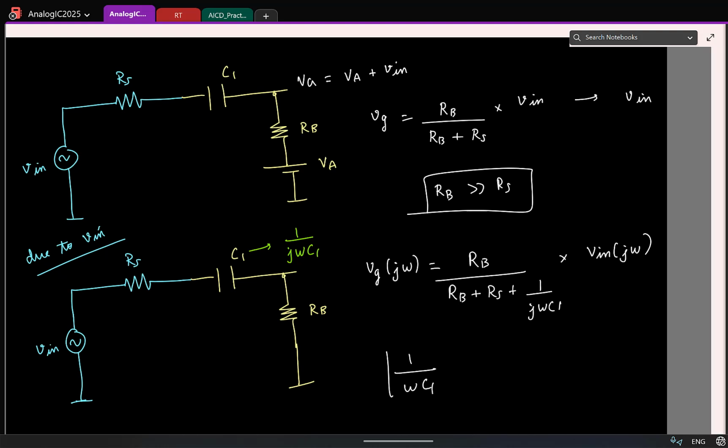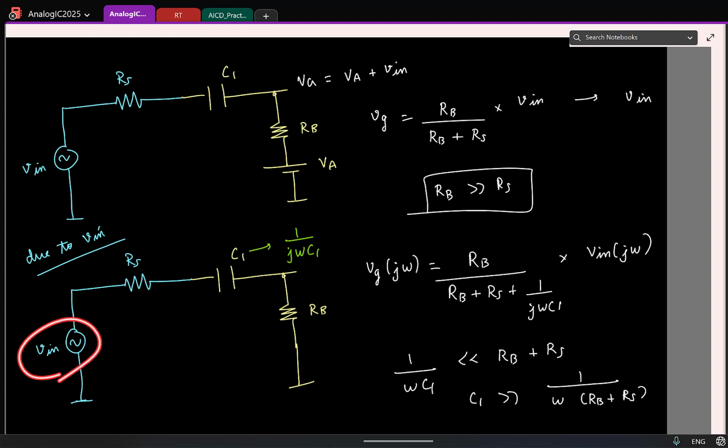If you look at the magnitude of the capacitor impedance, how should that compare to the series resistance? Right, which means I'll find that 1 by omega C is much smaller than that, so C is much greater than 1 by omega times the resistance. Is that okay? Remember that I know what my input is.